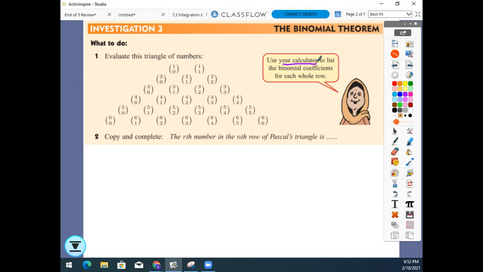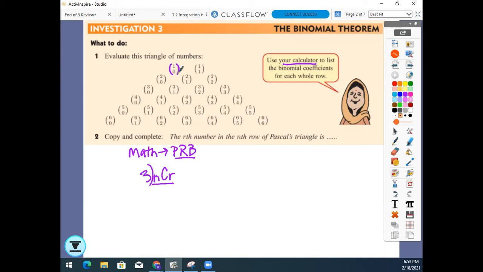So push math, go over to PRB, use your right arrow, go all the way over to PRB. This is for probability. These are all the probability functions. Number 3 is nCr. This is your combination. When you see this in parentheses, you're just going to use the nCr button.